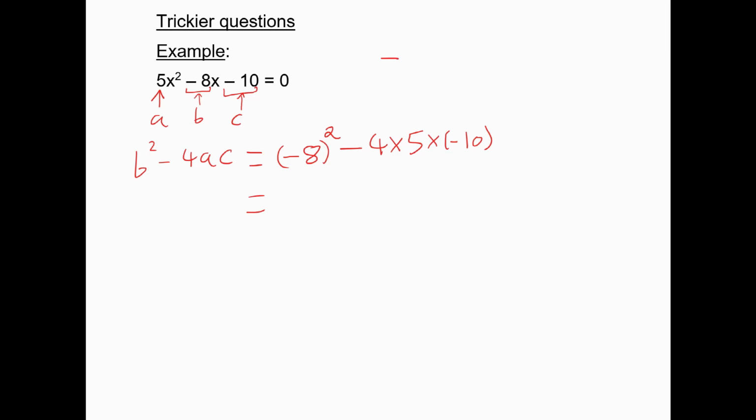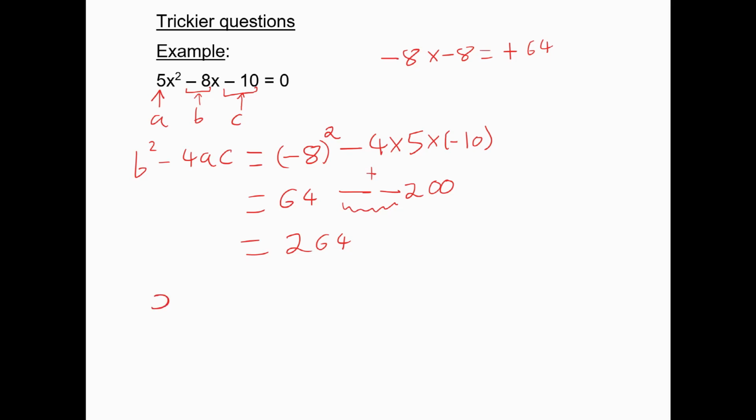Minus 8 squared, remember, is minus 8 times minus 8, which is going to be plus 64. So I can just write 64. Then I have minus 4 times 5 times minus 10, which is going to be plus 200. So I end up with 64 plus 200, which is 264, because 2 minuses immediately next to each other will become a plus. So b squared minus 4ac is 264.